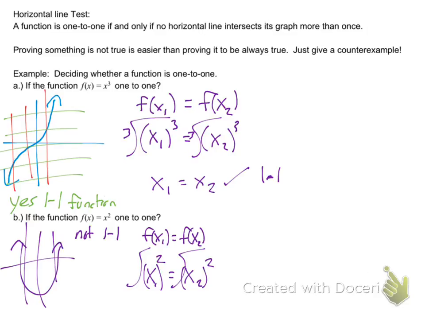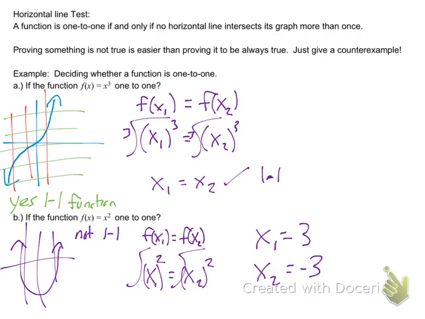But since I know from the picture that it does not work, can I give a counterexample? Give me a counterexample. If x1 equals what? What's that? 3? Then x2 will have to equal -3.